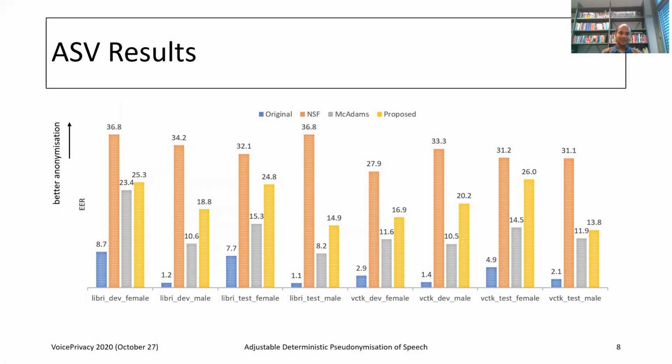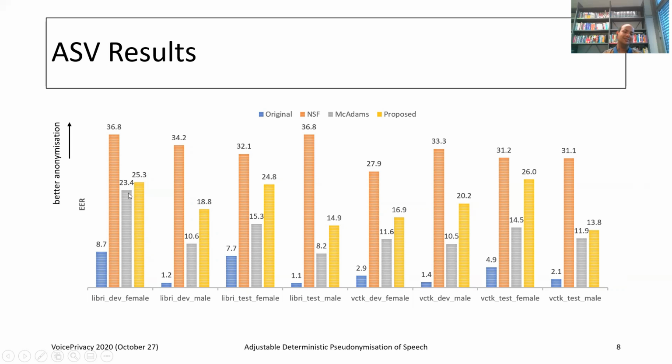If we look at the results, we have the equal error rate of the original utterances in blue. What we want is after this anonymization, we would like the system to fail as much as possible. So the error should be as high as possible. The best performing model is the neural source filtering model.